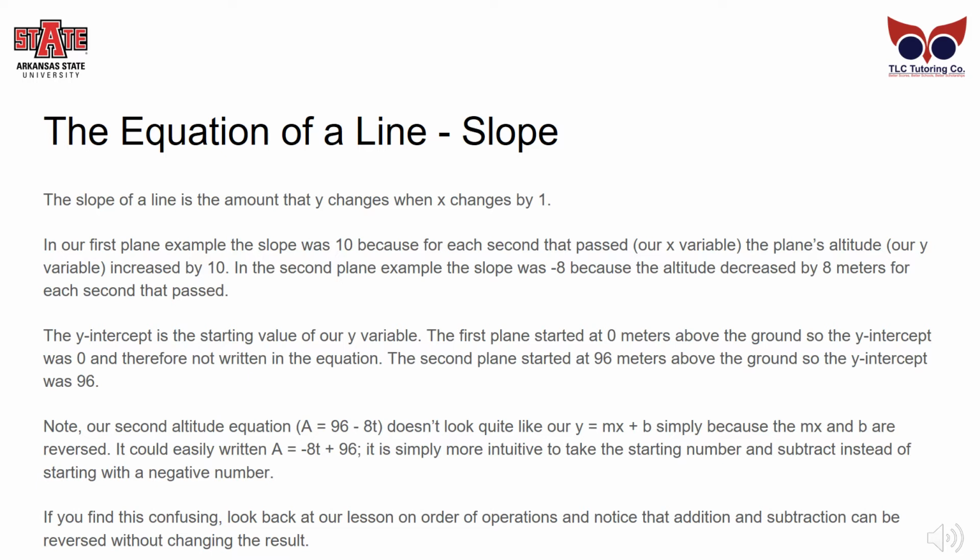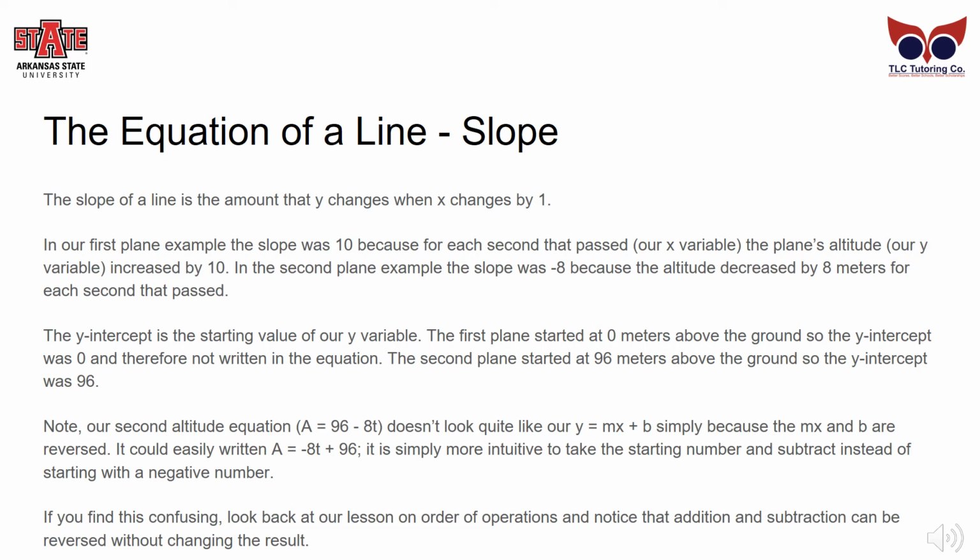The equation of a line, slope. The slope of a line is the amount that y changes when x changes by 1. In our first example, the slope was 10 because for each second that passed, our x variable, the plane's altitude, our y variable, increased by 10.